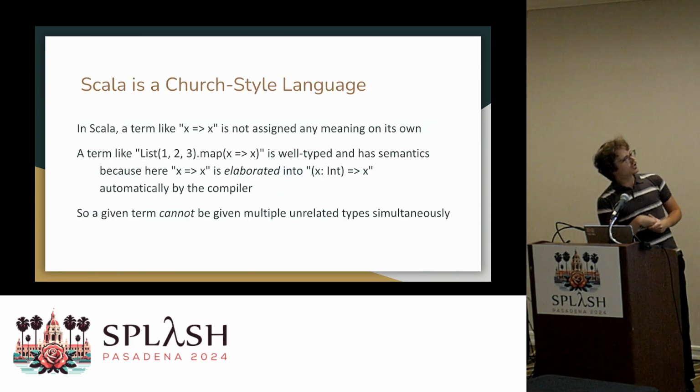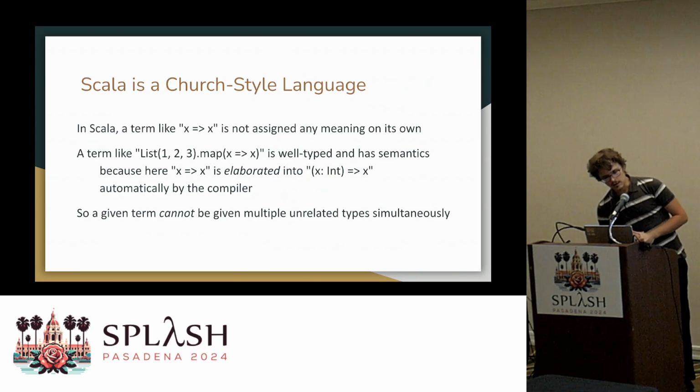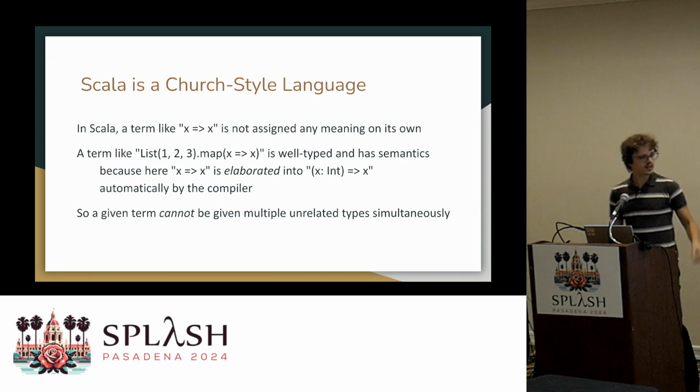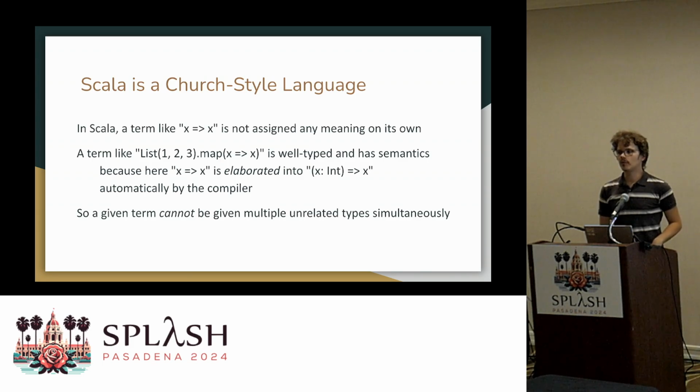Whereas a language like Scala is Church-style. So in Scala, the lambda term x to x doesn't mean anything on its own, right? And if you write it as part of a bigger expression, like List(1, 2, 3).map(x => x), then the compiler automatically elaborates this implicitly to a fully internally typed term, right? Where the parameter type is given. And only terms that have these types have semantics.